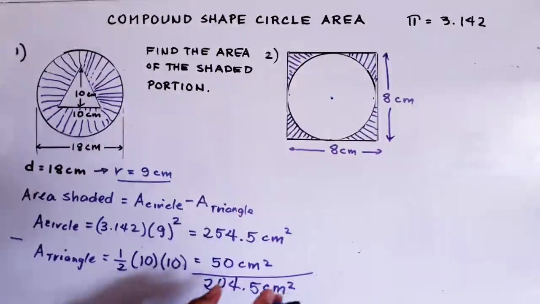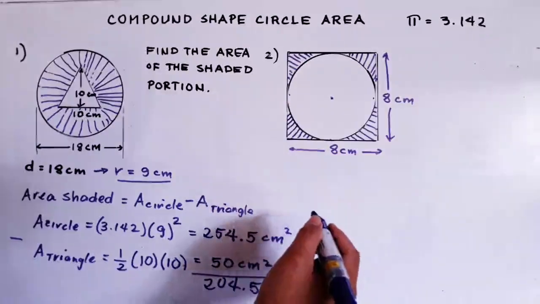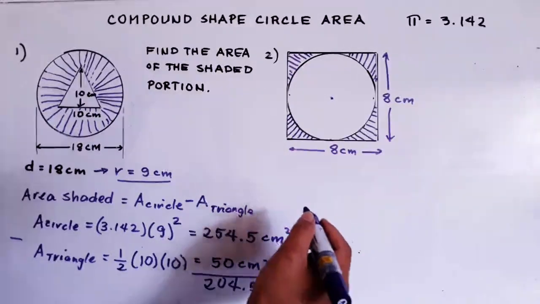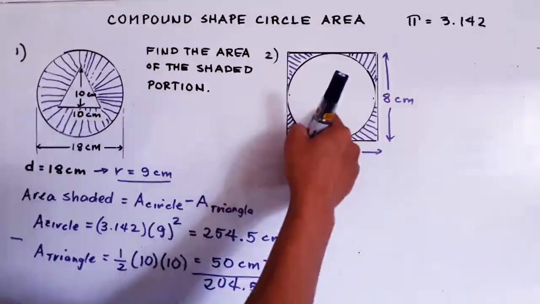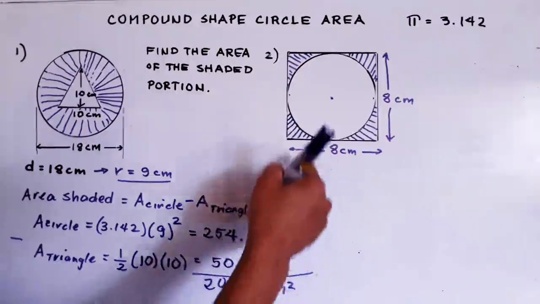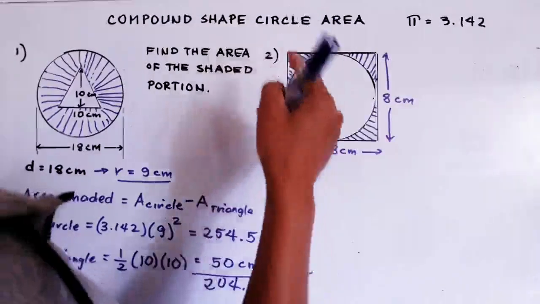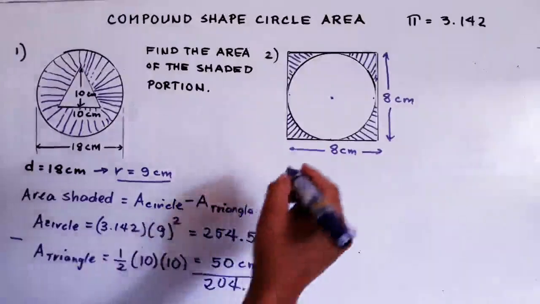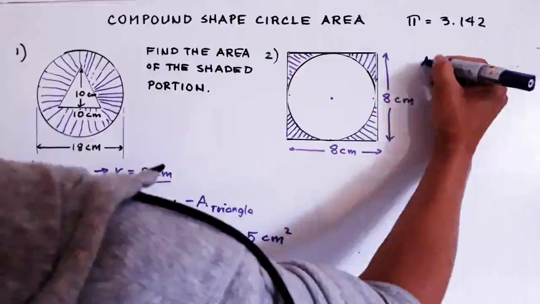That's a square. How do you find the shaded area here? It's just very simple. We get the area of the square, we get the area of the circle, subtract the area of the circle from the area of the square, and we have the shaded area. So let's have the area of the square.